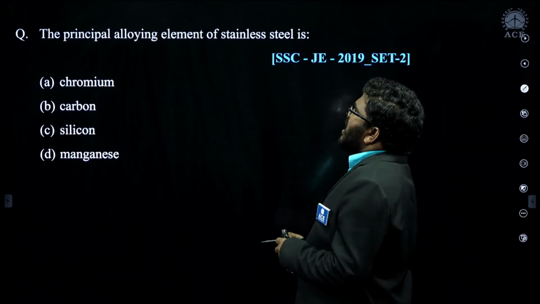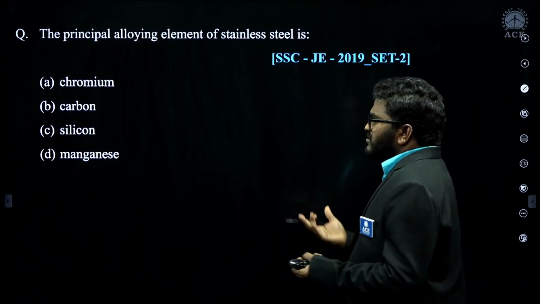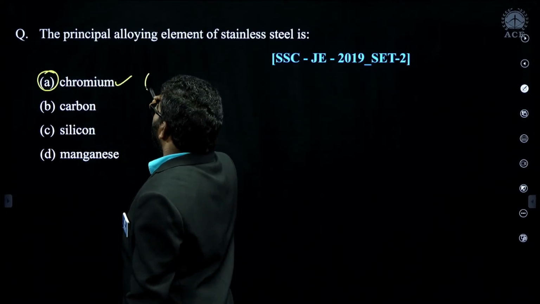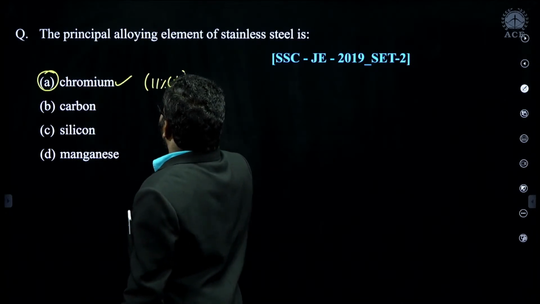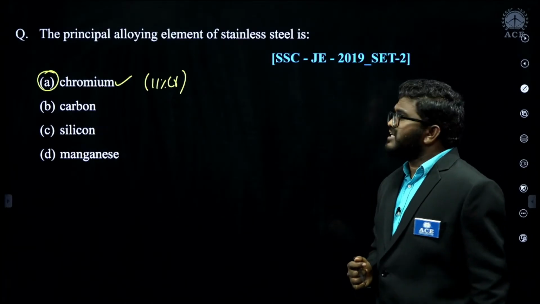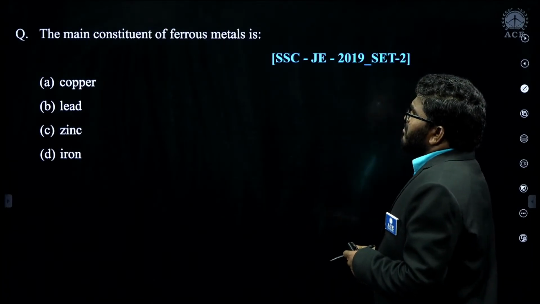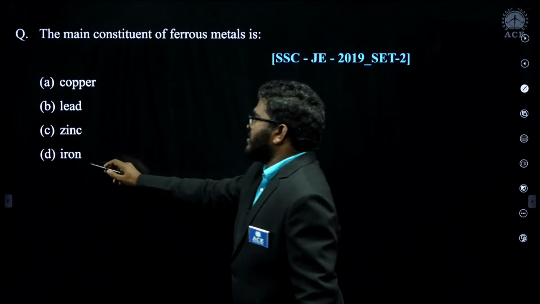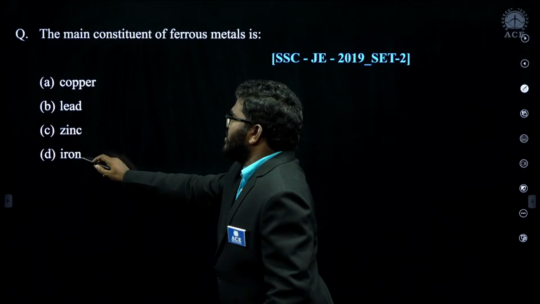The principal alloying element of stainless steel is chromium, because 10.5 or 11% chromium we are adding to the stainless steel material. The main constituent of ferrous metal is iron. Very simple question.